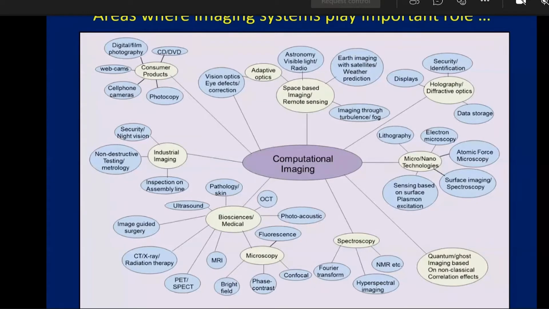But beyond microscopes, if you go now into any big-sized hospital, there will be many imaging facilities like ultrasound, CT, X-ray, PET, SPECT, MRI. MRI stands for magnetic resonance imaging. Pathology, for example, all these things, meaning everywhere for diagnostics, it is very important to have access to some imaging system.